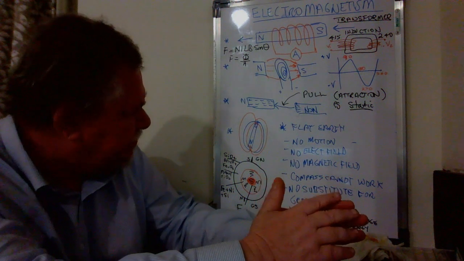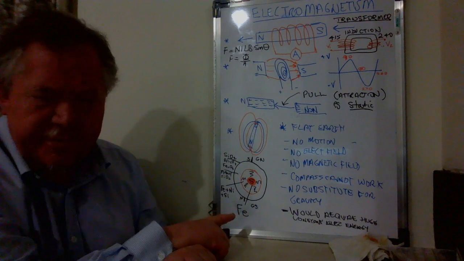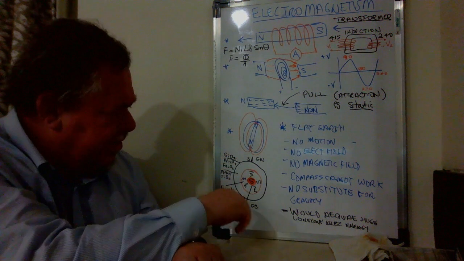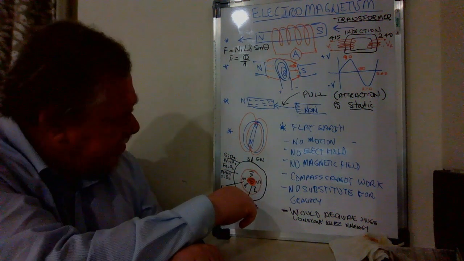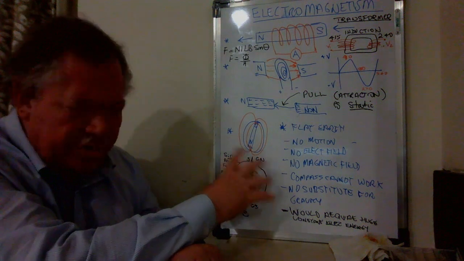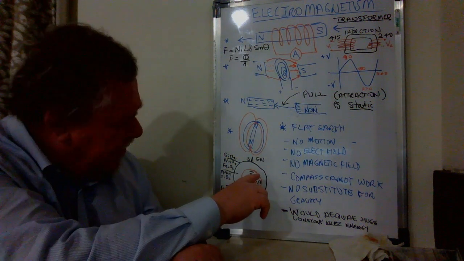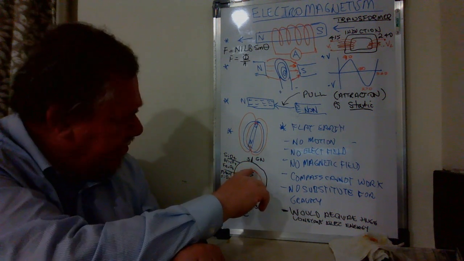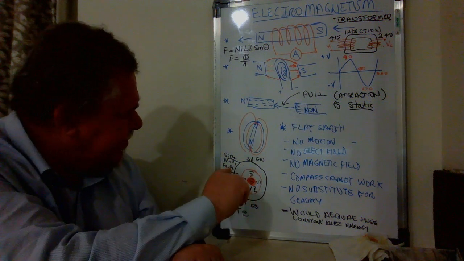Now this is just an indication of how the Earth's magnetic field happens. There's the Earth, and if you look at the cross section through that, we have an outer core. Between the crust and the outer core, we've got silicates.